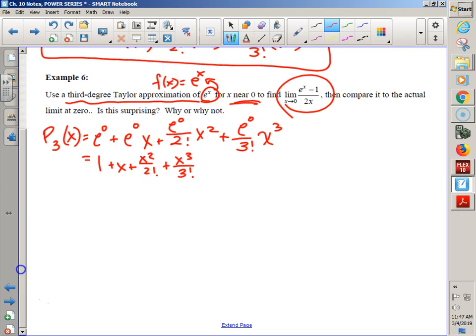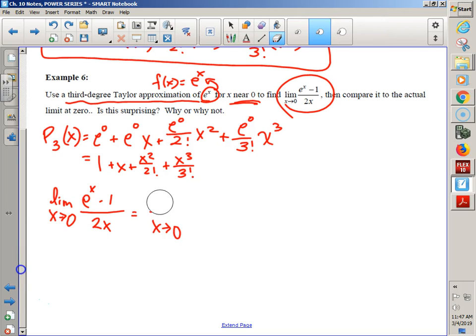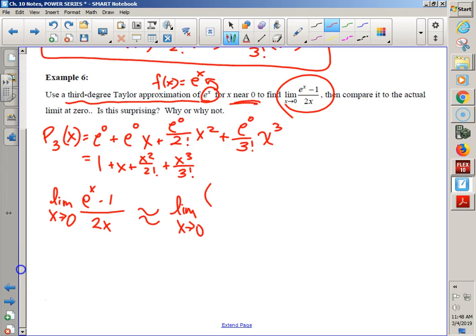Using this to do what? Instead of doing the limit as x approaches 0 of e to the x minus 1 all over 2x, I do the limit as x approaches 0 of, well, I can't do equals because I'm about to approximate. Can I plug in a Taylor polynomial for a function? Yeah, I can. It's approximating it. So 1 plus x plus x squared over 2 factorial plus x cubed over 3 factorial, minus 1, all over 2x.